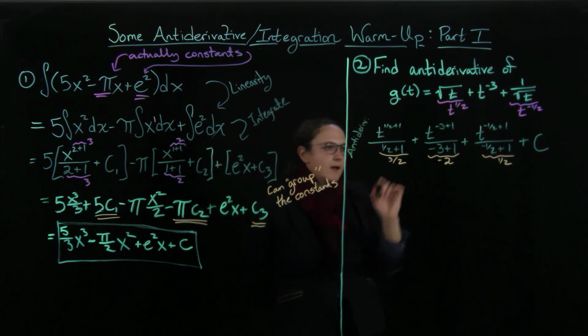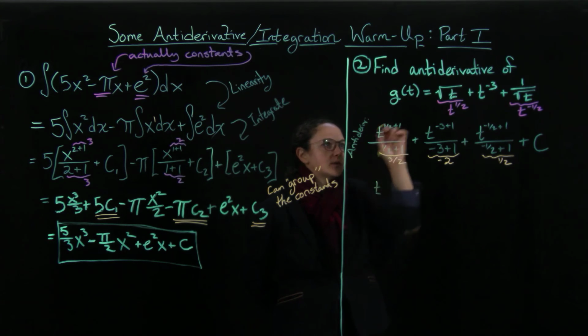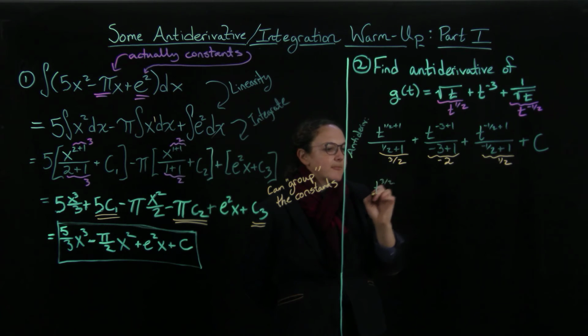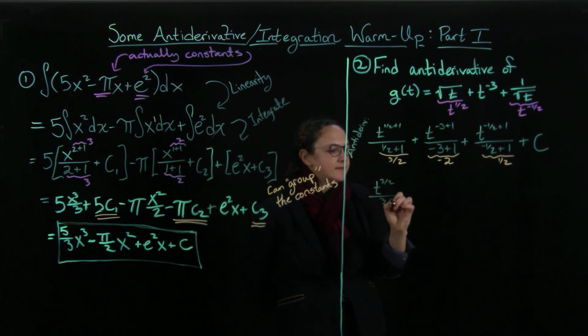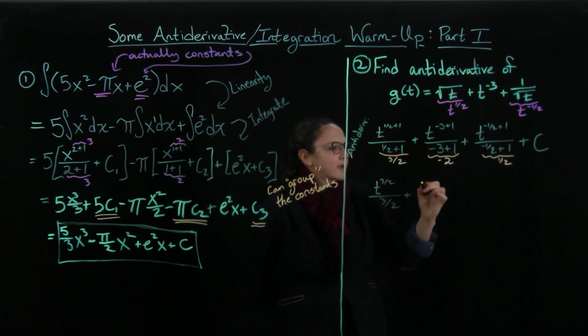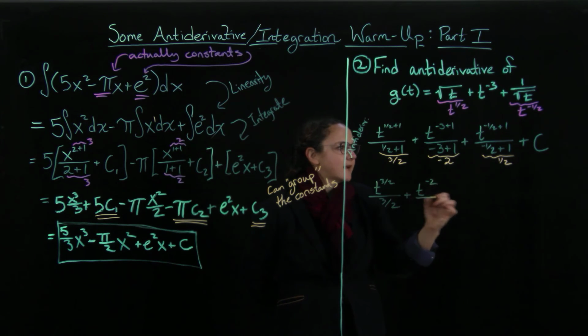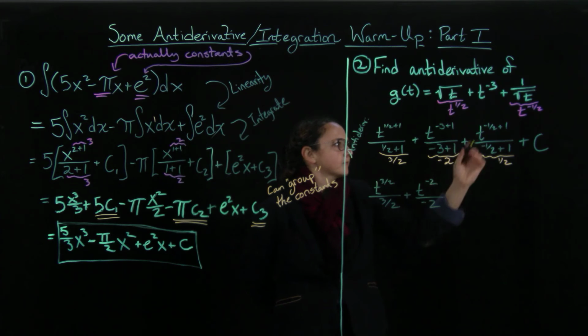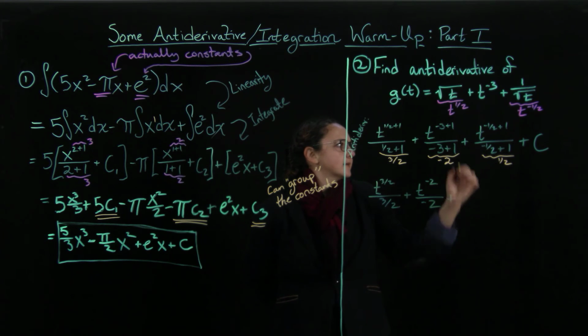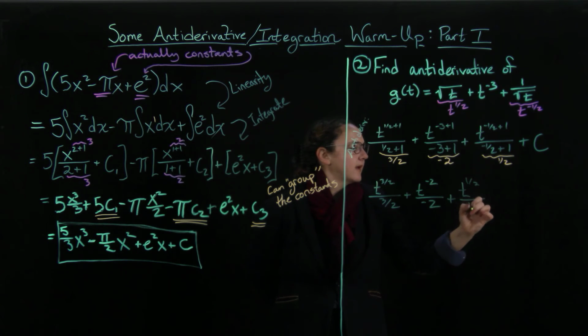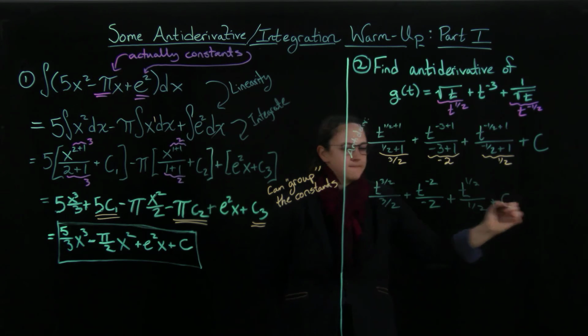Okay, so I have here t to the 3/2 divided by 3/2 plus t to the minus 2 divided by minus 2 plus t to the 1/2 divided by 1/2 plus c.